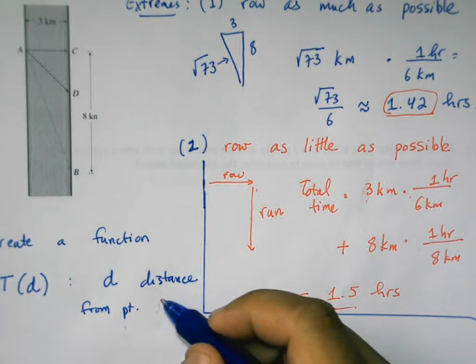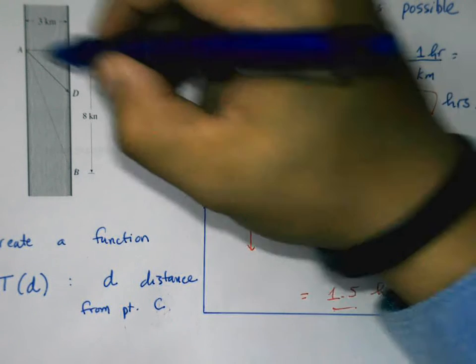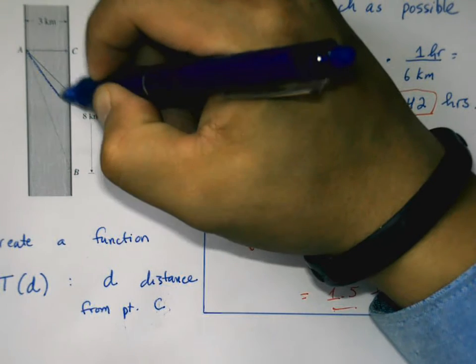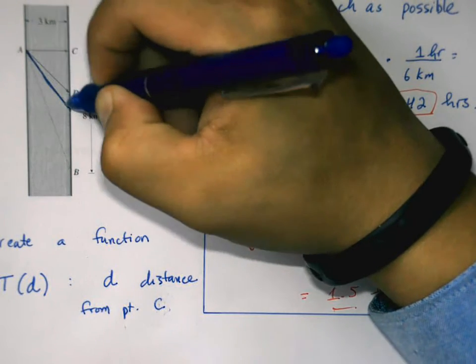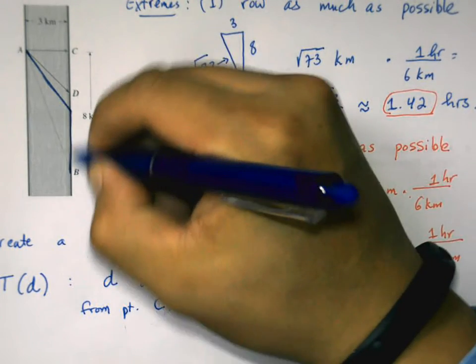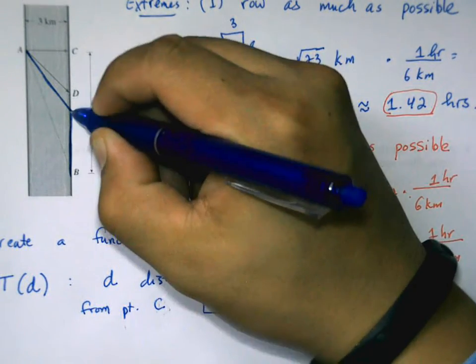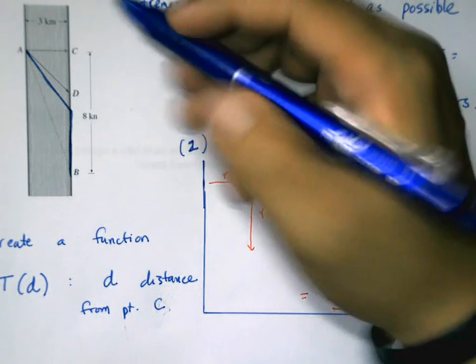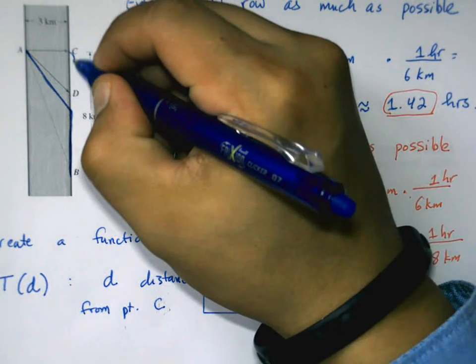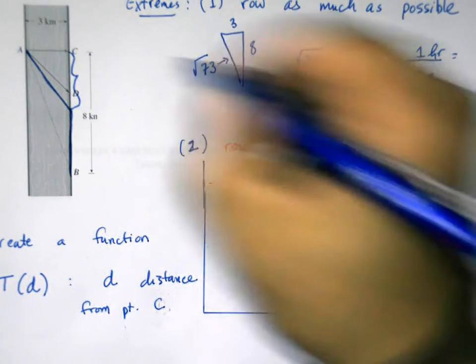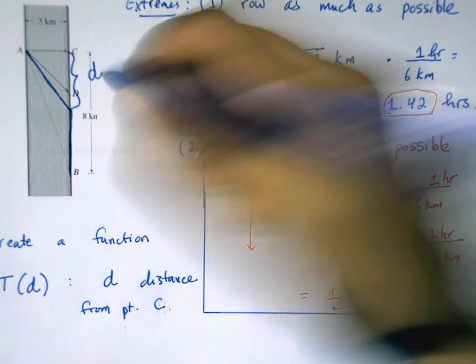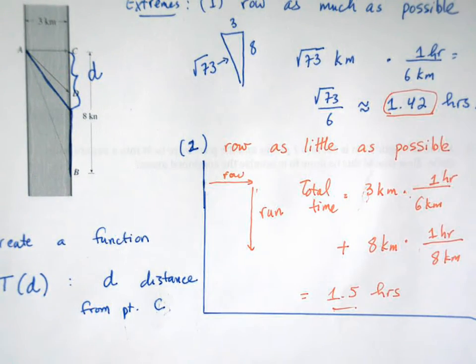So in other words, the best solution is probably for him to take some type of path like this, to row to here and maybe run the rest of the way. Okay. To row to here and run the rest of the way. And this distance right here, we can call that D. And then he's going to run the entirety of the way. Okay.